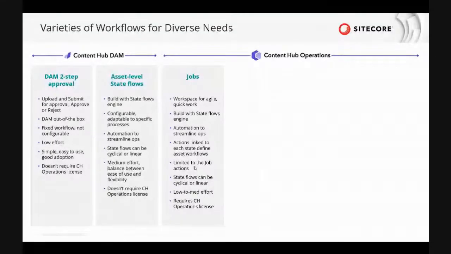And so also state flows can be cyclical or linear. I think jobs require low to medium effort to implement with quite good ease of use and a good flexibility. It requires the Content Hub operations license, where that's also a main difference here.